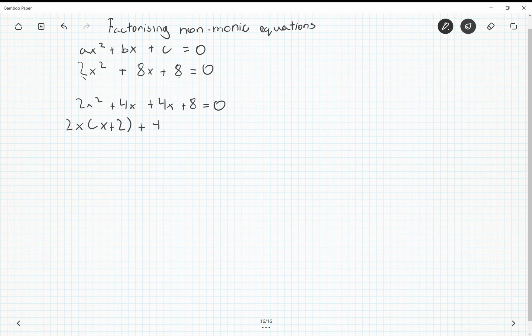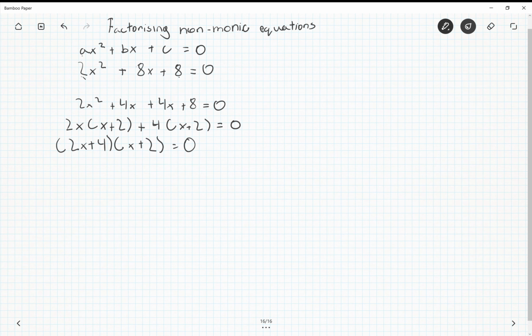So plus 4 multiplied by x plus 2 equals 0. Once again, we saw that during the middle term factor law, these two brackets both have to be exactly the same, and that is correct. So now we can put the 2x plus 4 in a bracket, so our equation then becomes 2x plus 4 times x plus 2 equals 0.